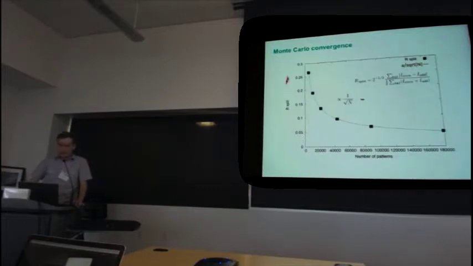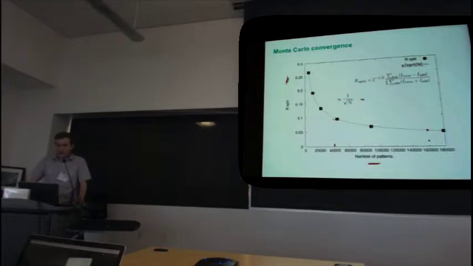If you take the R split as the measure of the goodness of your data set and calculate it for different numbers of indexed patterns or images, you see that, for example, for 4,000 images you get an R split of 10%, and if you quadruple it to 160,000, you almost reduce your error by half, which follows this 1 over square root of n convergence. The points are the CC star data, and the line is the fit to these data points.